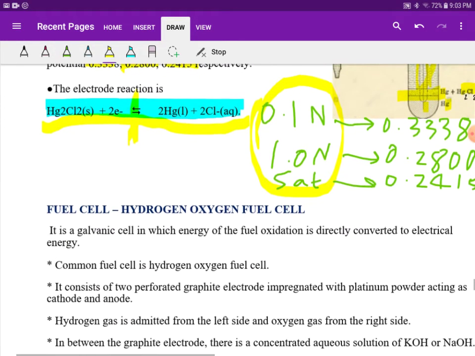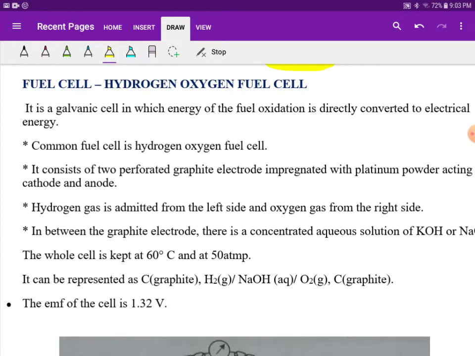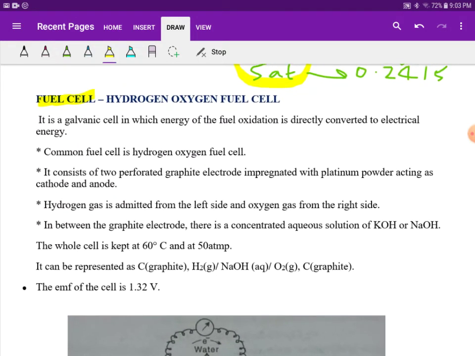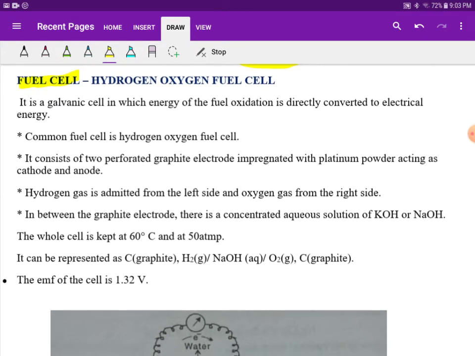That is all. The next, coming to the fuel cell, that is very important because it may be a short question or most probably an essay question for an examination. The fuel cell. A typical fuel cell is a hydrogen-oxygen fuel cell.